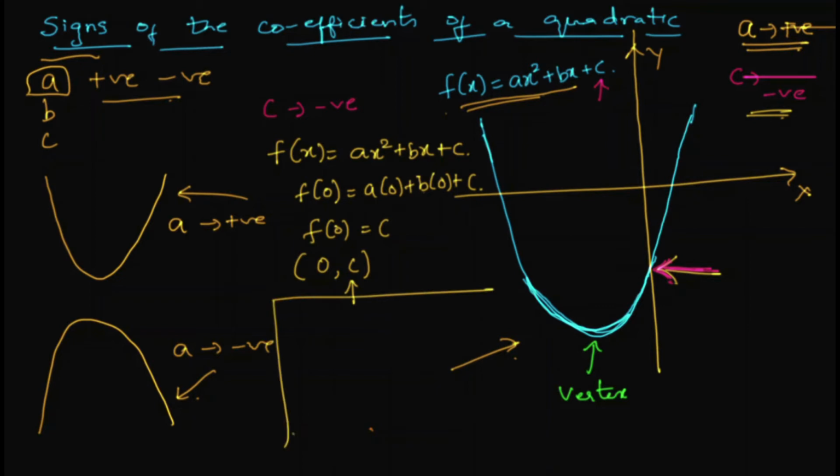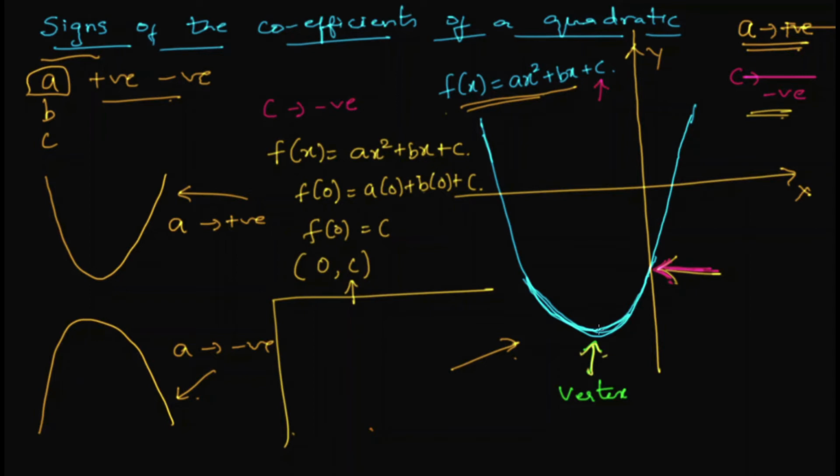Moving our attention to b, the coefficient of x. B is a little tough and needs further analysis. It's not as straightforward as opening upwards, or touching the y-axis at a particular point. So B actually is obtained by looking at the vertex.